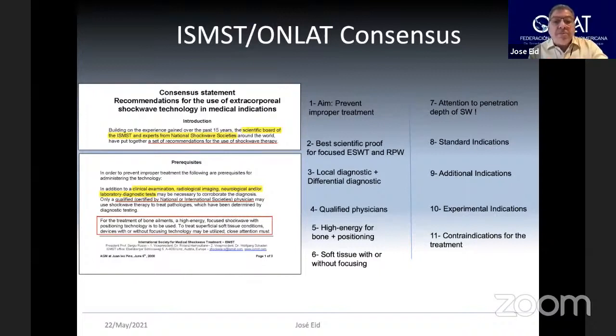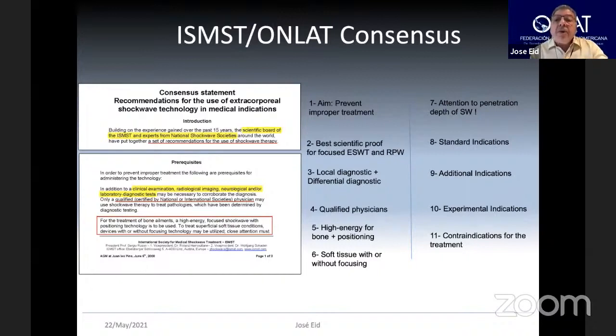And the importance of having the correct local diagnosis and differential diagnosis, always by physicians that are qualified to do the shockwave treatment. As Daniel said before my presentation, if you have a device, you are not able to do it if you are not qualified.